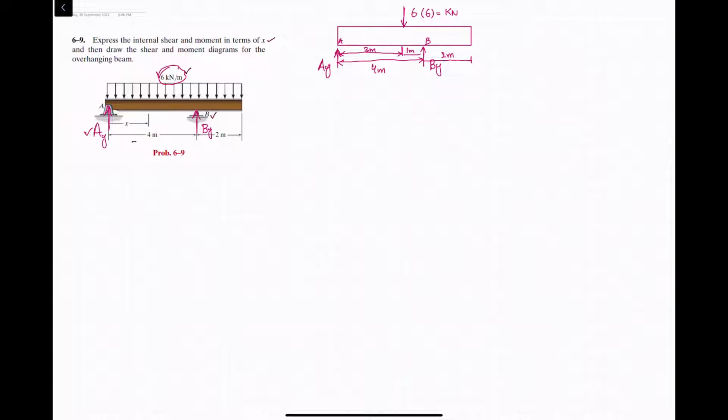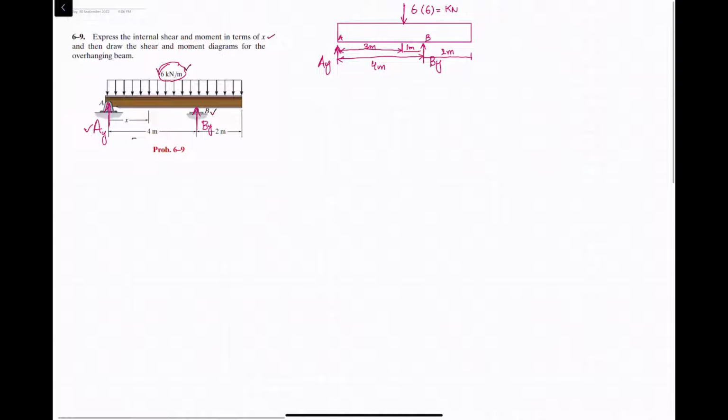Now we will find the unknown reaction forces AY and BY. We will apply the equilibrium condition that the sum of all moments about point A is equal to 0, taking the counterclockwise moment as positive. Due to this load and this BY, moment is produced about point A. First is BY into perpendicular distance 4, producing counterclockwise moment, so it will be positive.